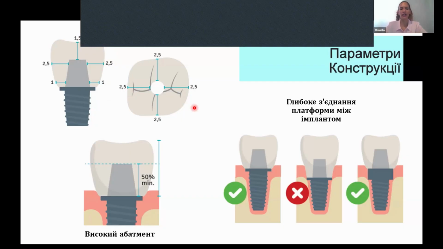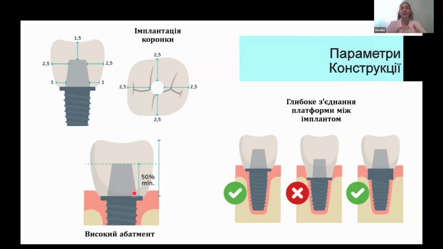Another thing inside our design is to have enough surface for a correct cementation. What I mean is that, as I said at the beginning of the presentation, graphene has flexibility properties. This material has the capacity to flex, and this is good for a lot of reasons, but it's also important when we are going to have a cementation process with my T-base or abutments.